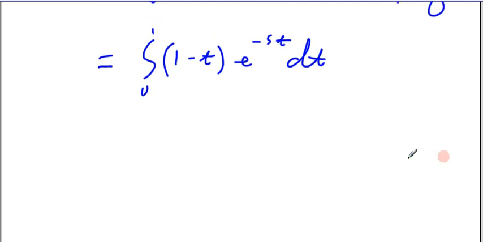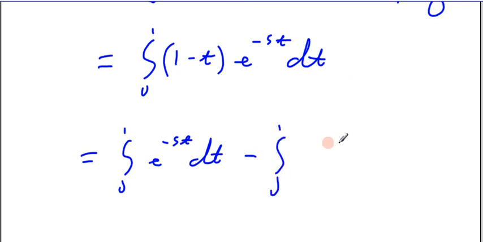Okay, so I got the integral from 0 to 1 of e to the minus st dt minus the integral from 0 to 1 of t e to the minus st dt.